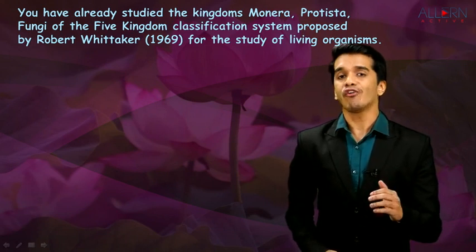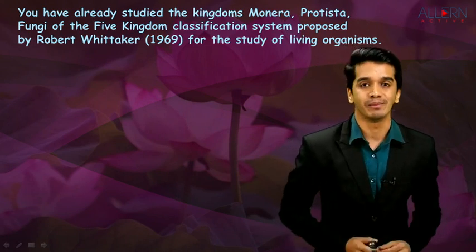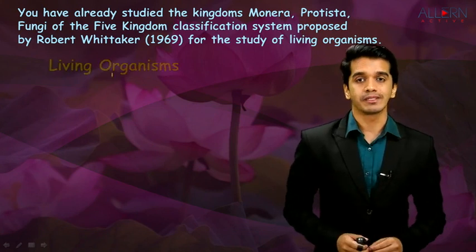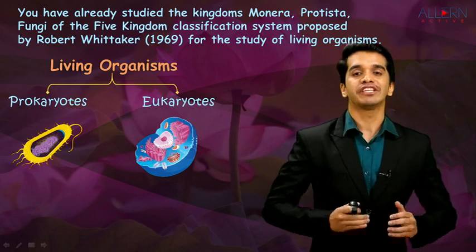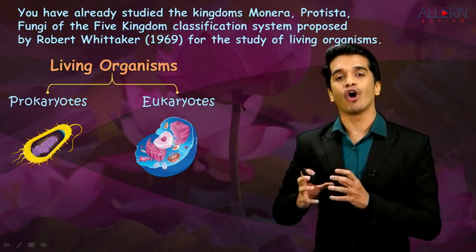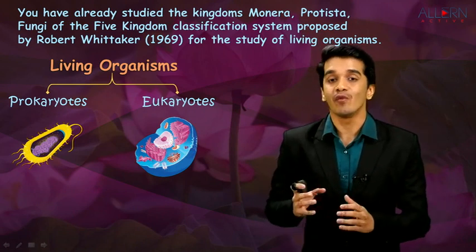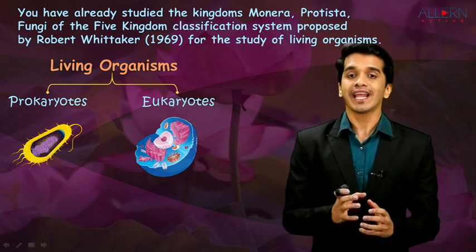So let us see how Robert Whittaker classified the living organisms into 5 different kingdoms. Living organisms, based upon whether they are old or new, are classified into prokaryotes and eukaryotes. Prokaryotic cells are primitive cells, for example bacteria.